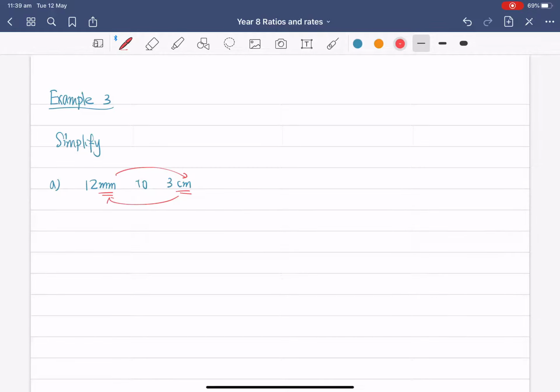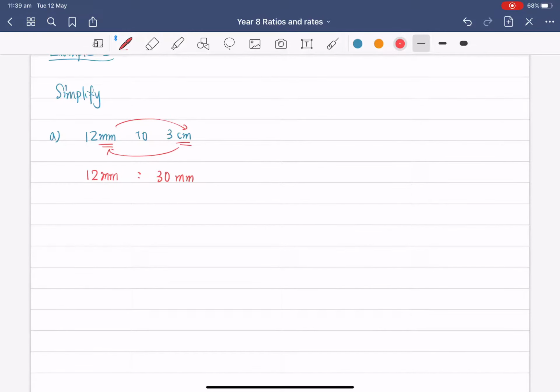What I usually do is try not to create a decimal number at the end. So I like to change centimeters to millimeters. That gives you 12 millimeters to 30 millimeters. So now you can write down 12 to 30, and then you can start to simplify it. It should be quite easy after you change to the correct unit. So that gives you 2 to 5.